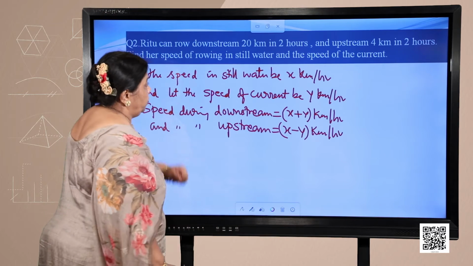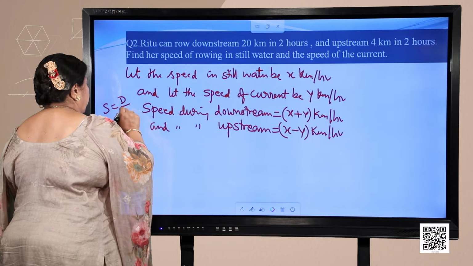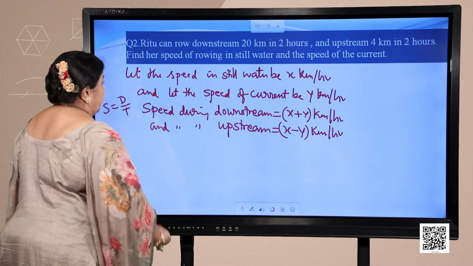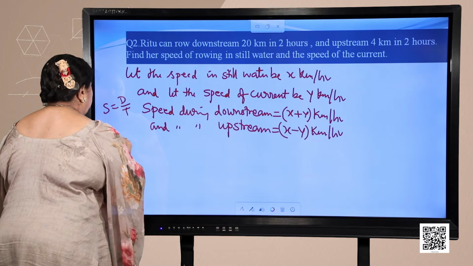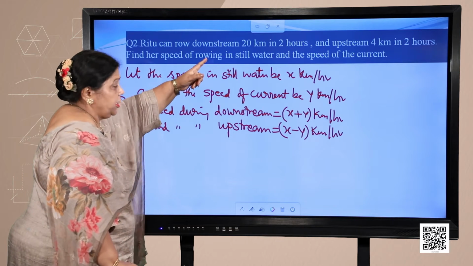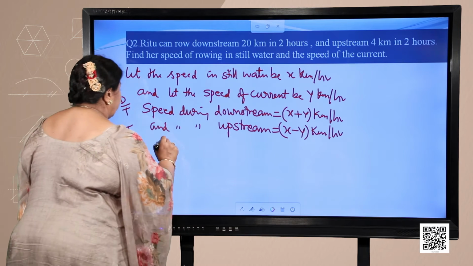Now, let us write down the equation. We also know that speed is equal to distance upon time. So, if I take distance upon speed, that will give me time. First expression here is 20 kilometers. How much is the distance?